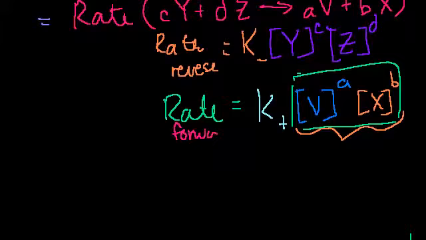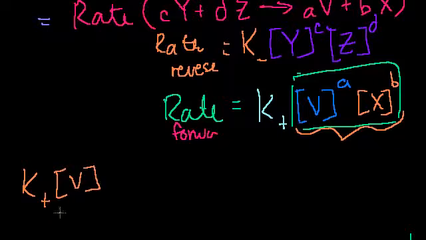When the forward rate is this, that's our forward constant, which took into account a whole bunch of temperature and molecular structure and all of that, times the concentration of our V molecule to the A power. You can kind of view that as the probability of finding V molecules in some volume, and that certain volume can be factored into that K factor as well.